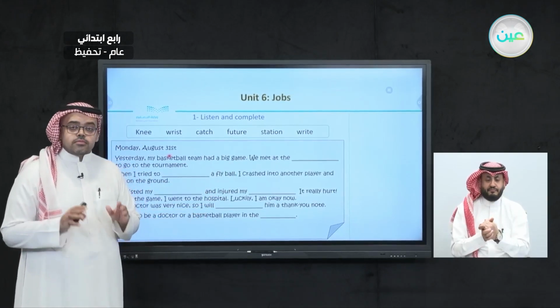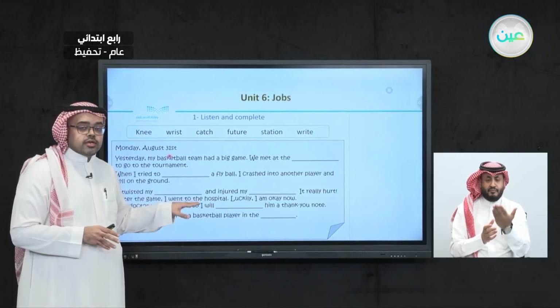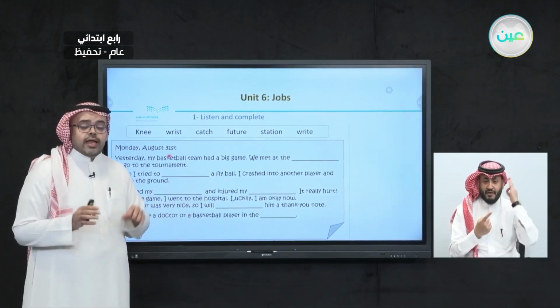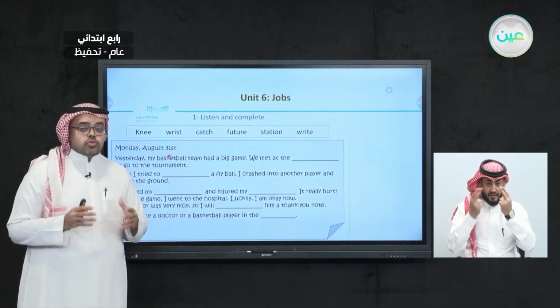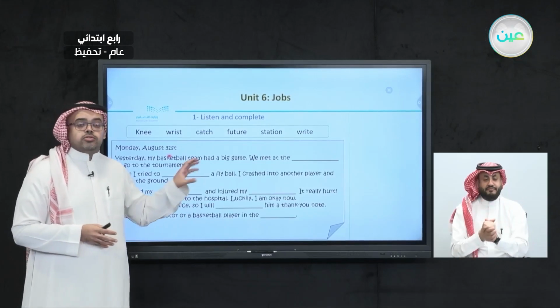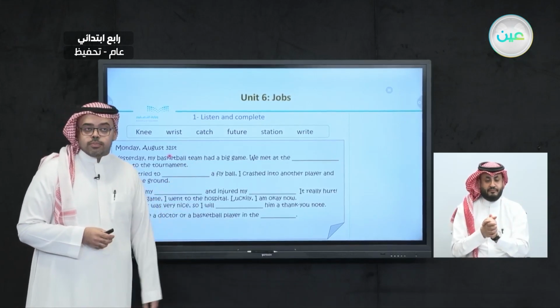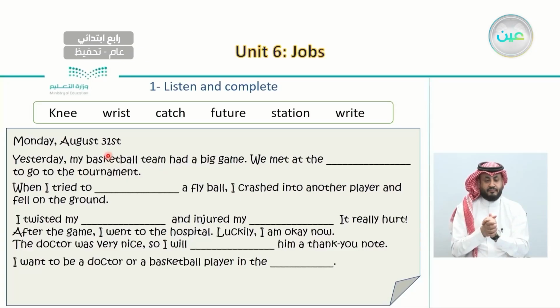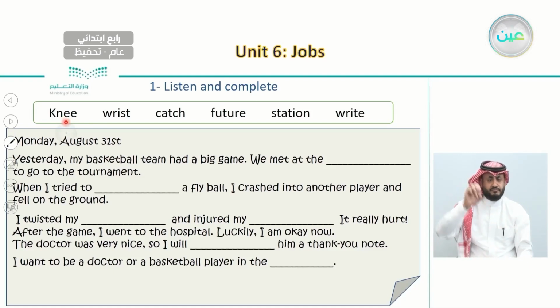So let's start listening to this letter, and after this we're going to think of the words and put them in the right place. So the words are, let's first get to know these words. The first one is knee, rest, catch, future, station, right.